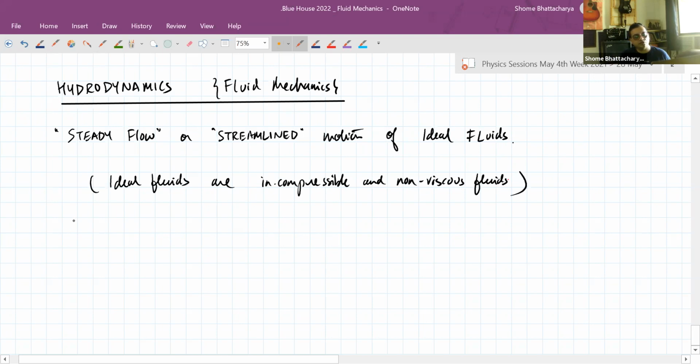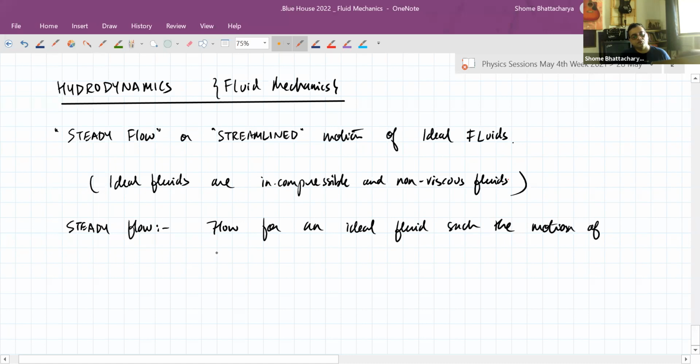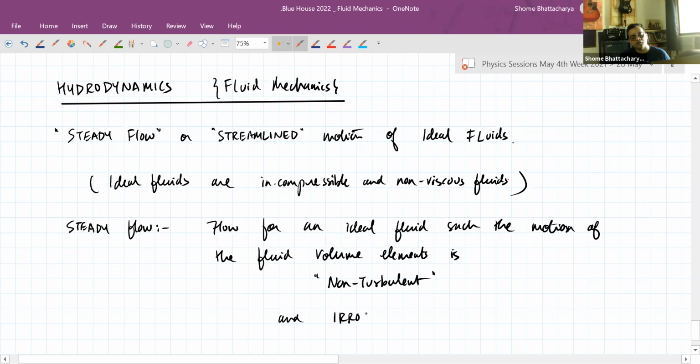Now let us understand what is steady flow. Steady flow is the type of flow for an ideal fluid such that the motion of the fluid volume elements is non-turbulent and irrotational. I'll explain each of these terms, non-turbulent and irrotational, in a moment.